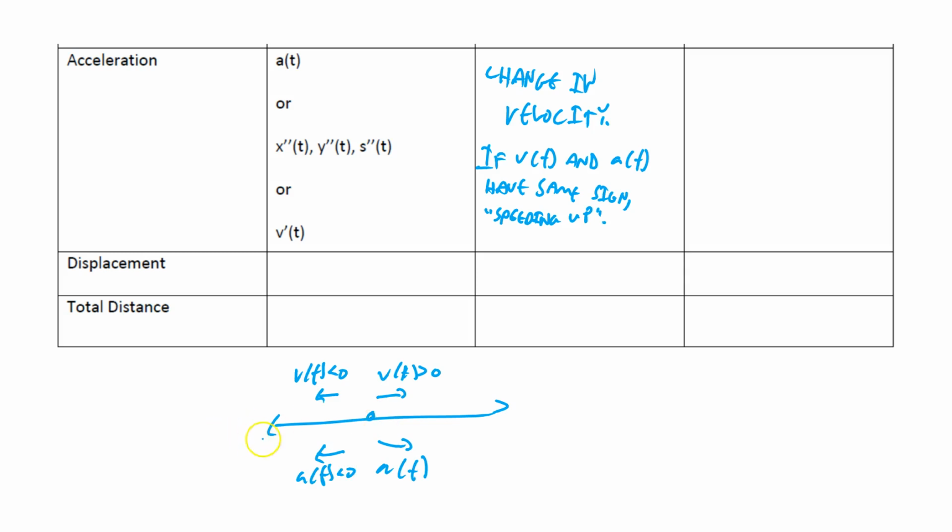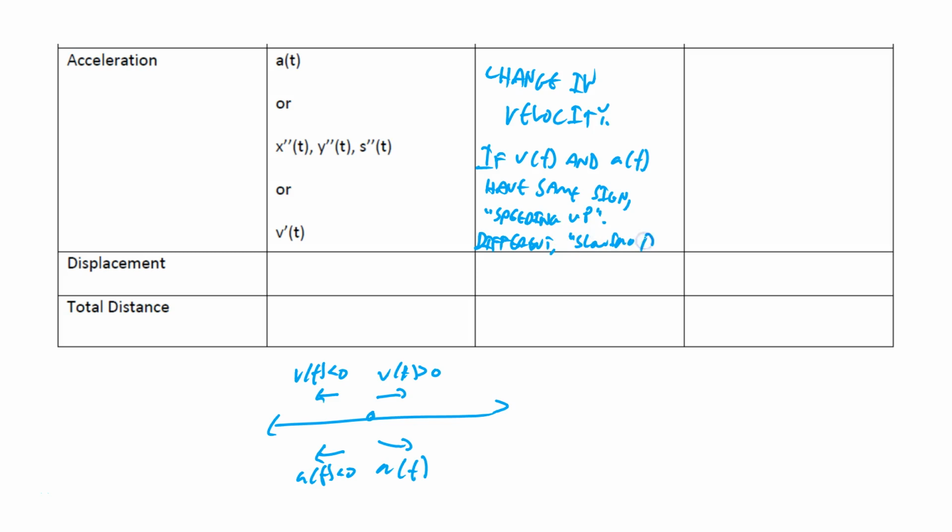I'm just doing it backwards. So if my velocity is like negative 5 feet per second, and my acceleration is like negative 1 foot per second squared, then that means I'm going 1 foot per second faster to the left every second. Kind of cool. Okay, so same signs, speeding up. If they're different, it's slowing down.